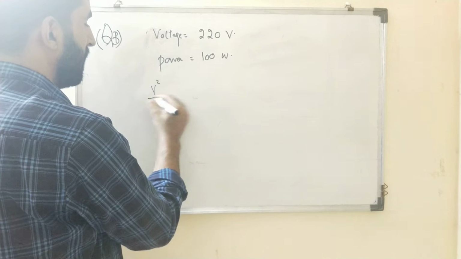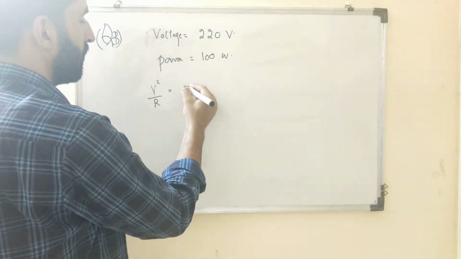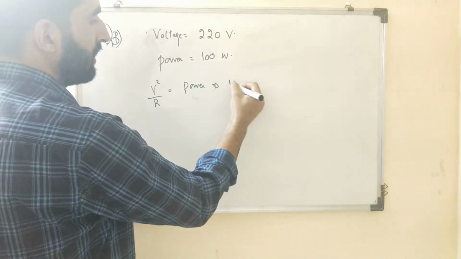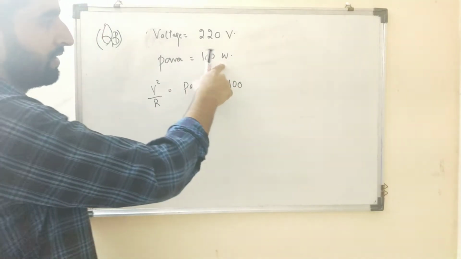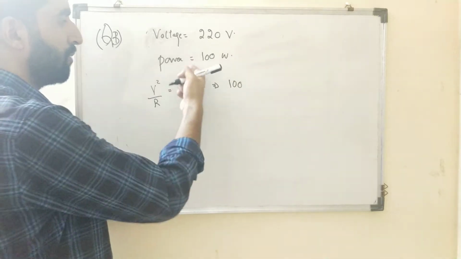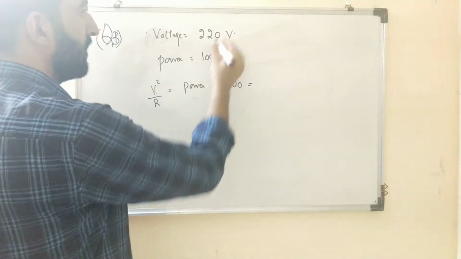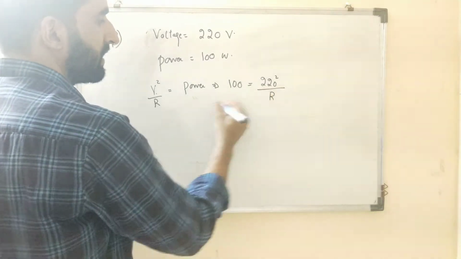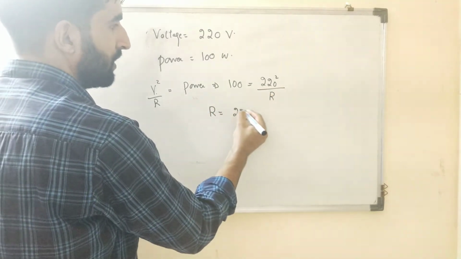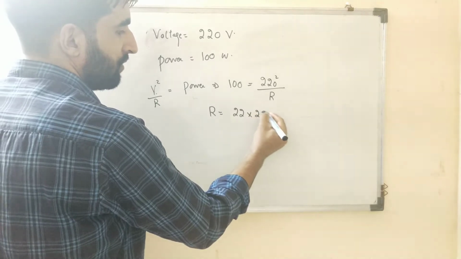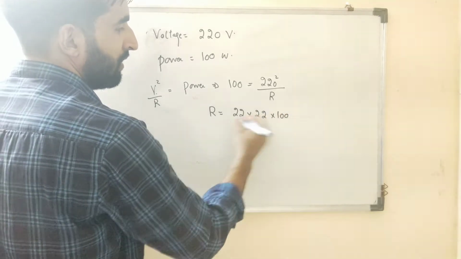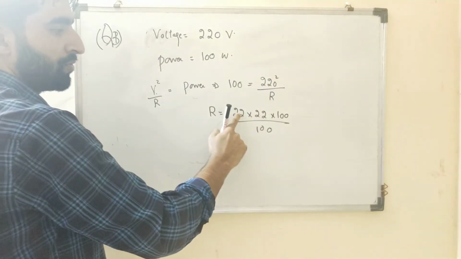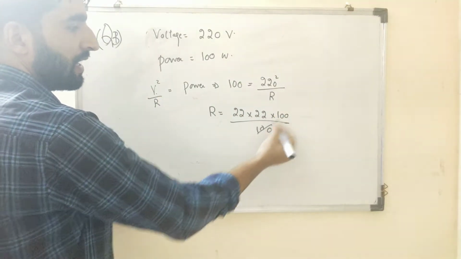So V square by R will be equal to power. Power is 100 watt, watt is the unit of power. So 220 square divided by R equals 100. We have to find resistance. So resistance is equal to 22 into 22 into 100 divided by 100. 220 square is 22 into 22 into 100, and 100 gets cancelled.